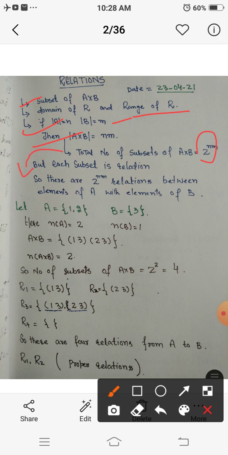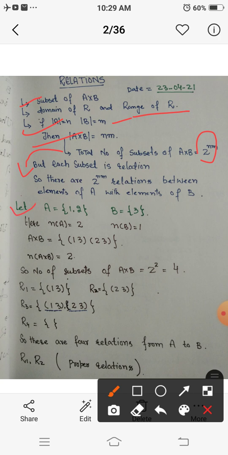If the cardinality of A equals n and the cardinality of B equals m, then there exist 2 raised to power nm relations from set A to set B.